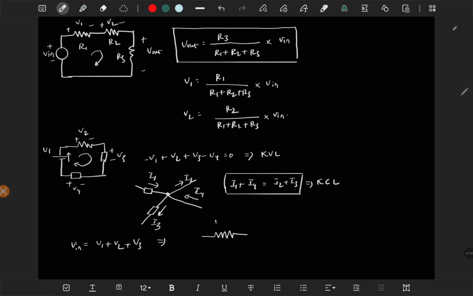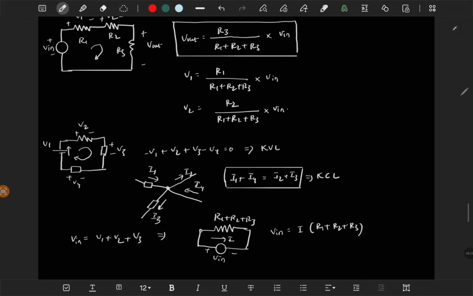So if you write its equivalent circuit, then it is R1 plus R2 plus R3, and you have some current flowing through that network, and some input voltage you are applying, plus minus Vin. So if you write Ohm's law here, then Vin is equal to I times R1 plus R2 plus R3.